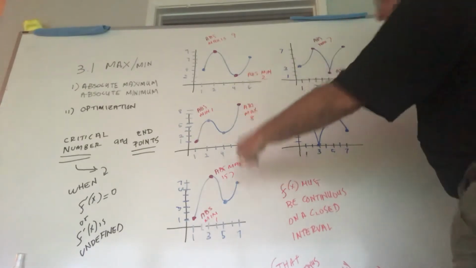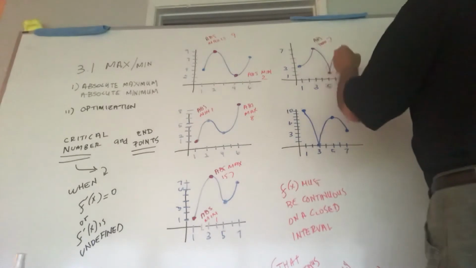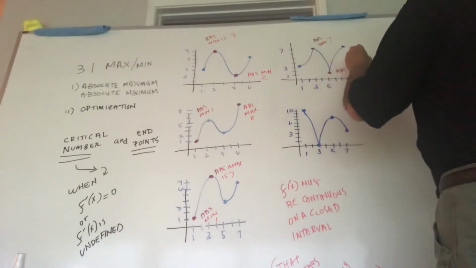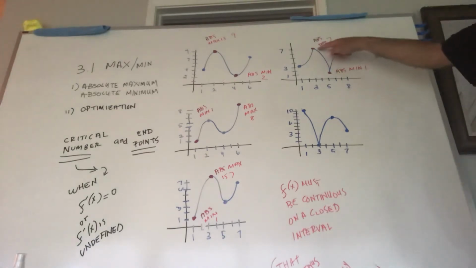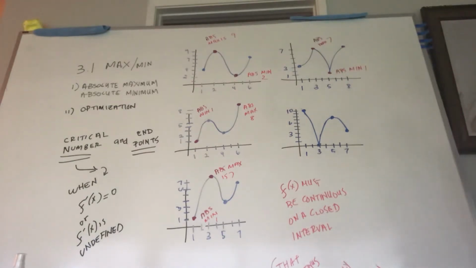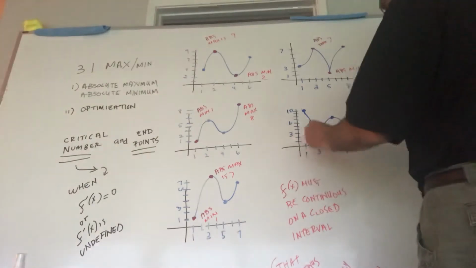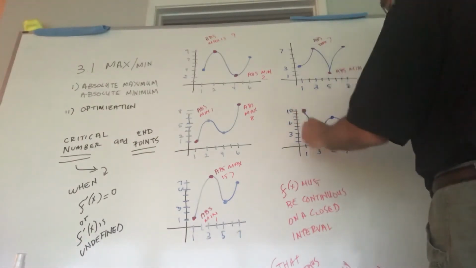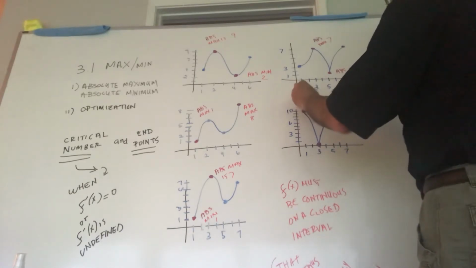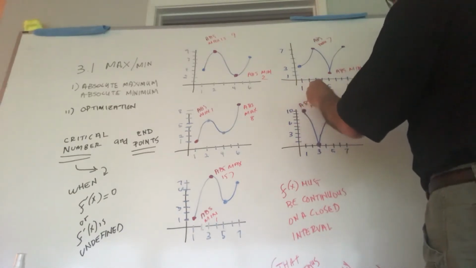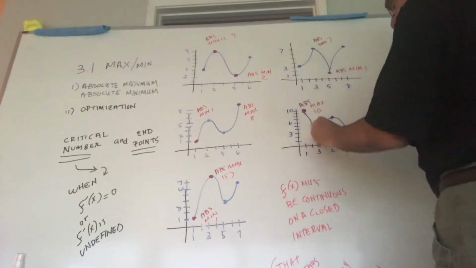Don't worry about the fact that I'm picking 1 a lot. That's just by accident. So the absolute max of this function is 7, the absolute min is 1. And then looking at the last one here, the absolute max is 10, and the absolute min is 0.